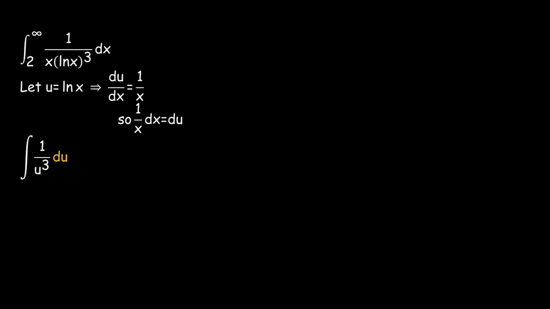And if you add 1 to negative 3, it should give you negative 2. So we divide all through by negative 2. Now we're going to have u to the power negative 2 over negative 2 from 2 to infinity. Went ahead to replace the value of u, which is ln x, into the equation.